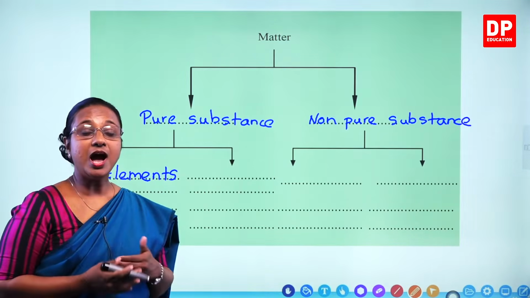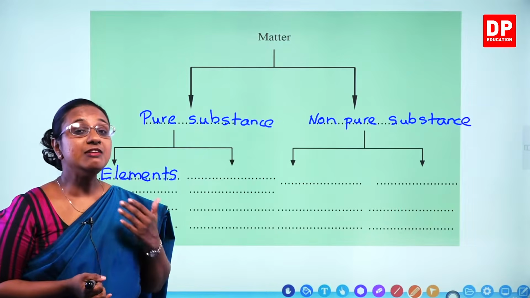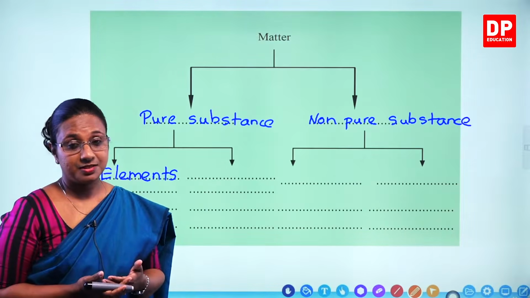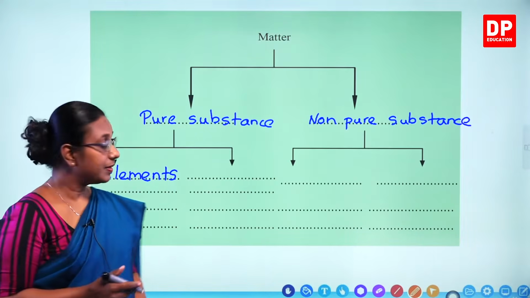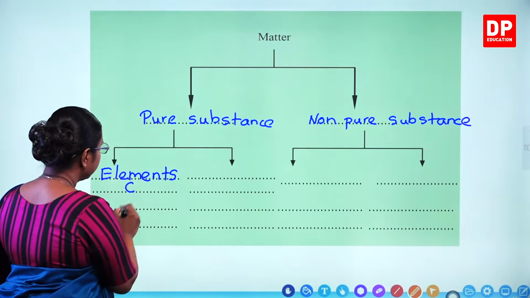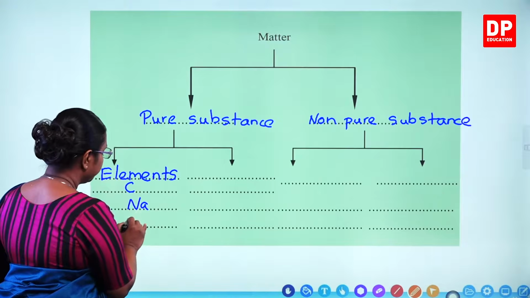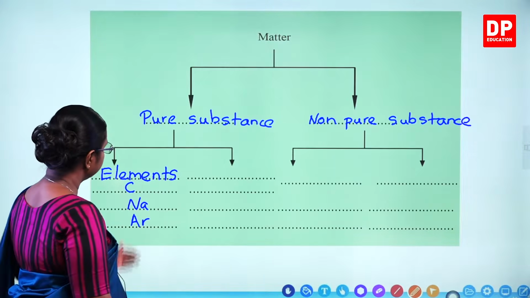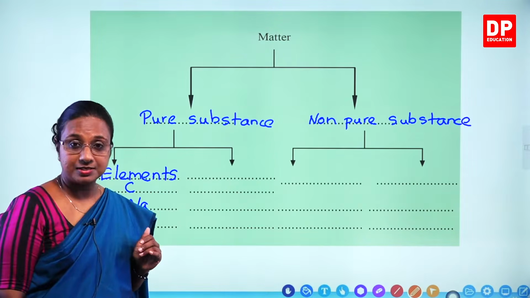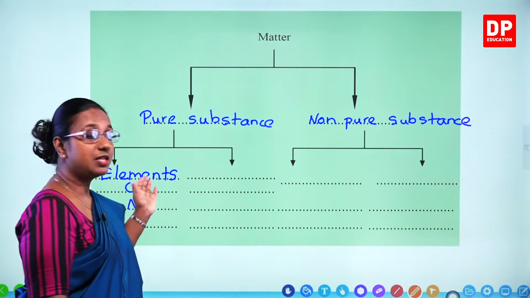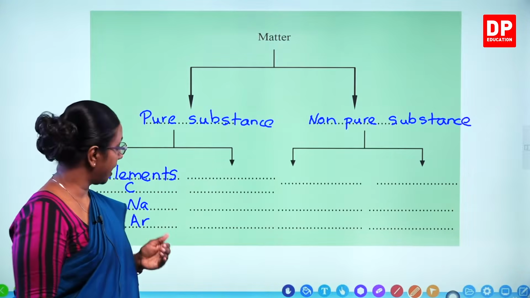Elements, as you know, are made up of only one type of atoms. You know many examples: carbon, sodium, argon. These are all elements. I have used the symbols. You are very familiar with them now.